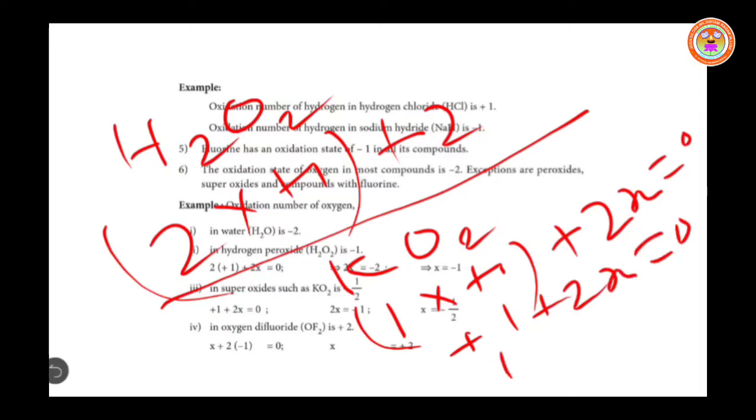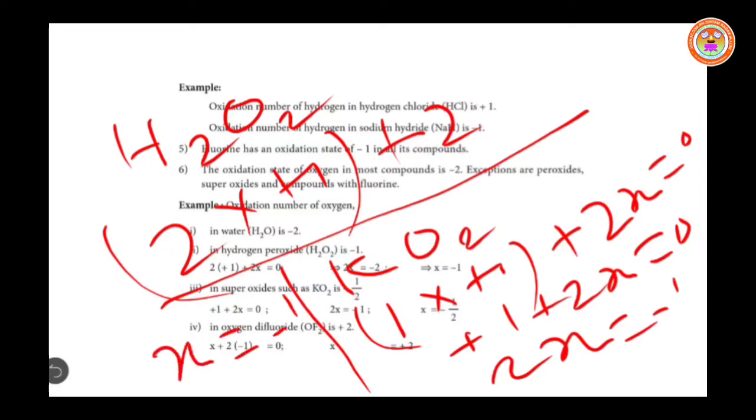Therefore 2x is equal to minus 1, isn't it? Therefore x is equal to minus 1 by 2, isn't it? Therefore the oxidation state of oxygen in superoxide is minus 1 by 2.